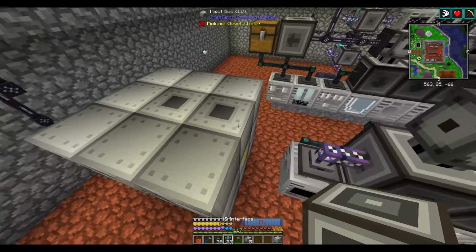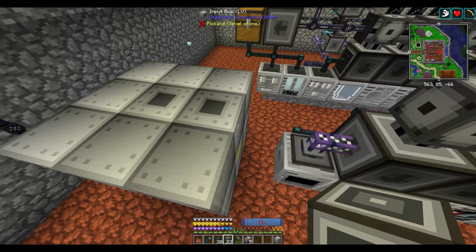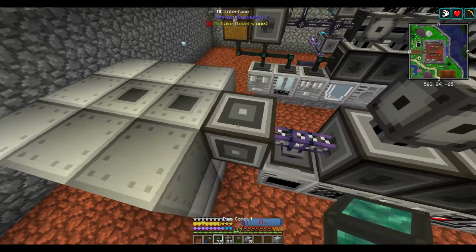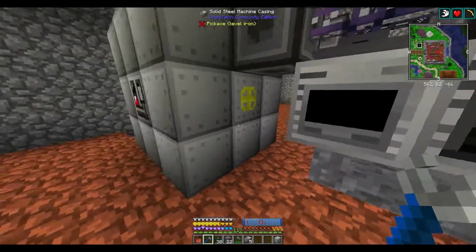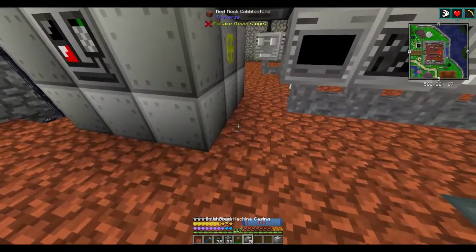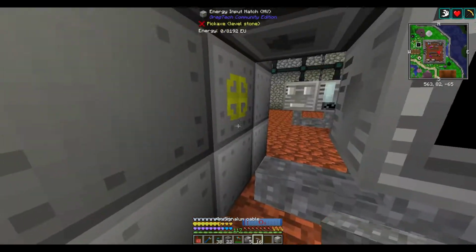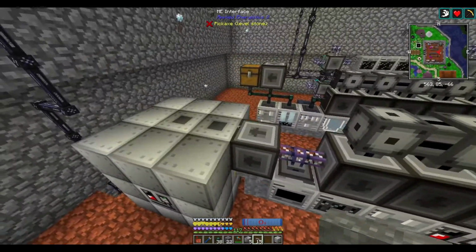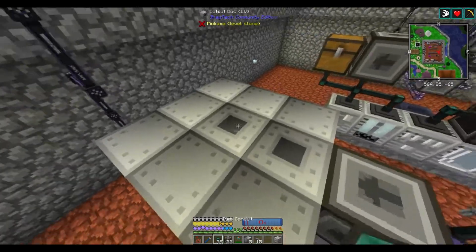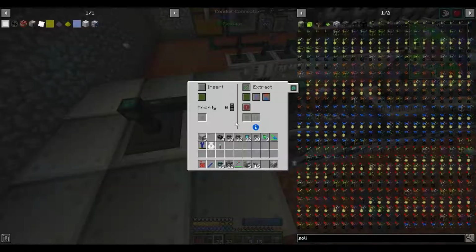We're gonna need an interface going like so. Put that over there. It's fine. We're gonna need some cable over there. Should be perfectly fine. And then just pick up the output from over there.